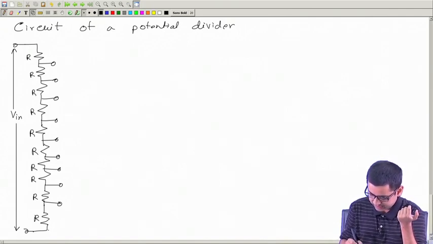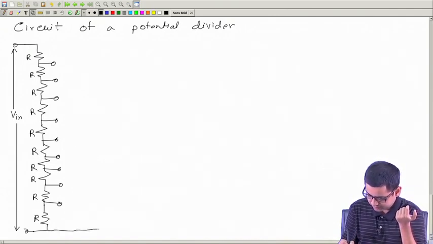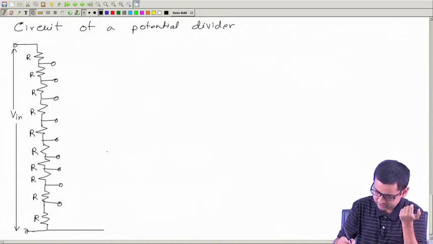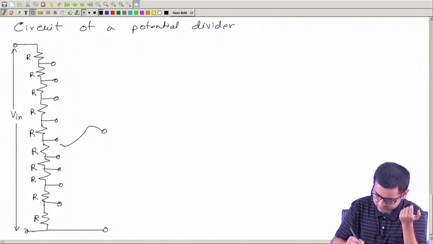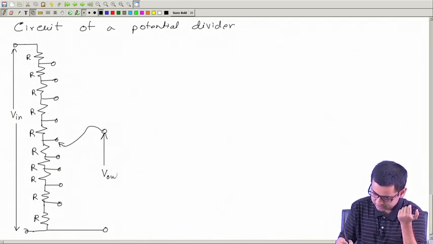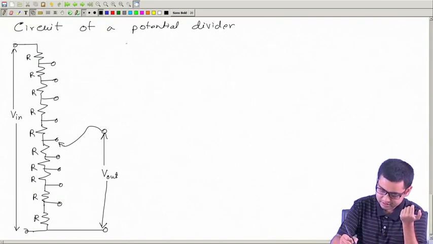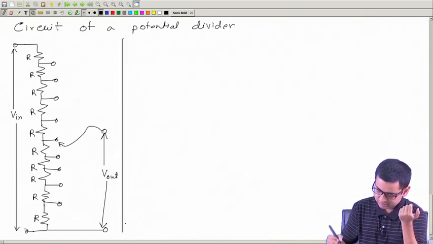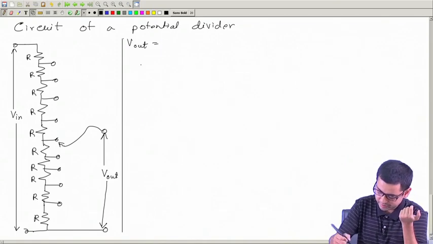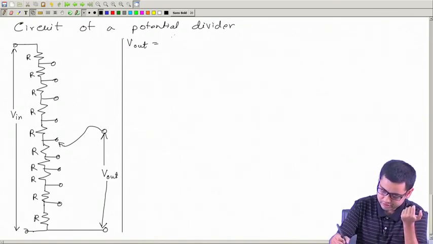and if we measure the output between, say, these two terminals, then V out is equal to 5R divided by 10R multiplied by V in.